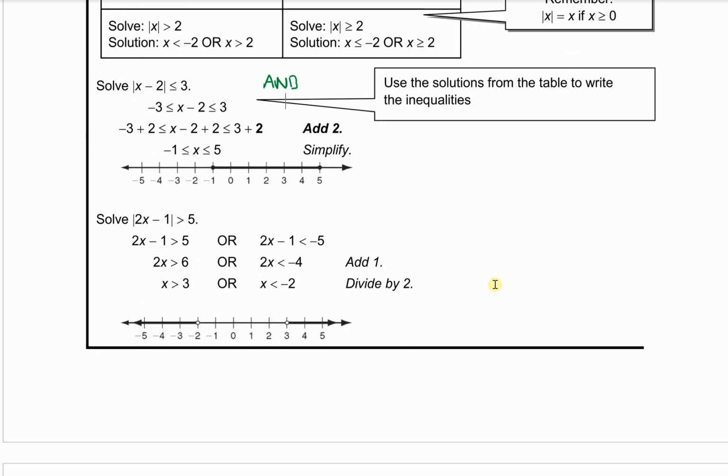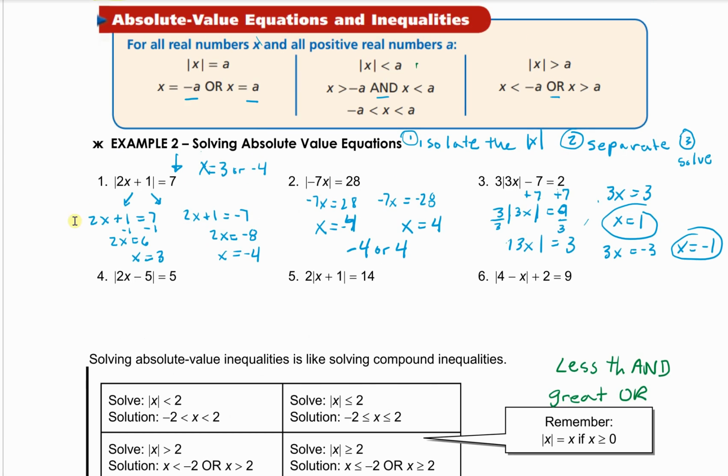So if we look at the or one, we've got the absolute value of 2x minus 1 is greater than 5. It's definitely an or. So I'll have the greater than 5 over here. Right? Just get rid of those absolute value bars. And it's very similar to what we did up here. We just got rid of the absolute value bars, and we got x plus 1 equals 7.